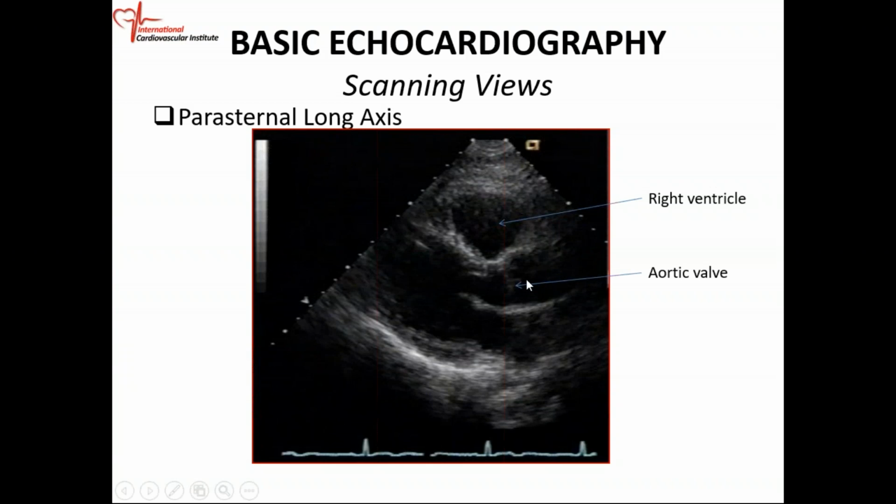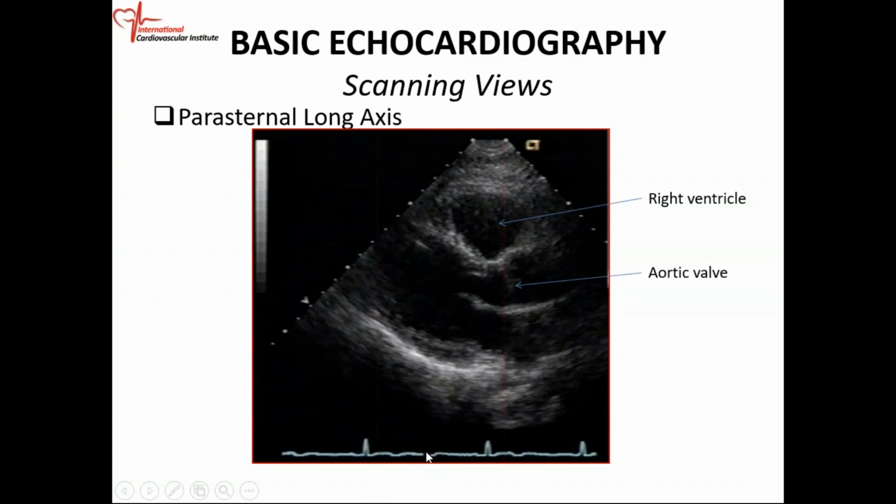The aortic valve is closed because this is a diastolic frame. In diastole, the mitral valve is open and the aortic valve is closed. As mentioned before, all of our images are gated. So there's a 12 lead ECG, an ECG rhythm strip at the bottom, and this is a diastolic frame.